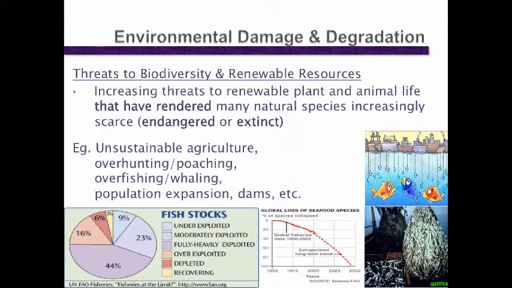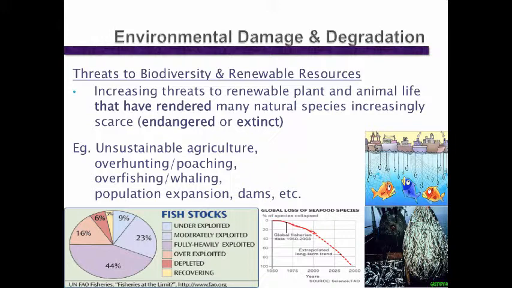And you can see some of these stats just on the bottom of the slide here, where you can see many of the fish stocks around the world have become fully or heavily exploited, overexploited, or now depleted. And very few of these are actually recovering in ways that are sustainable.